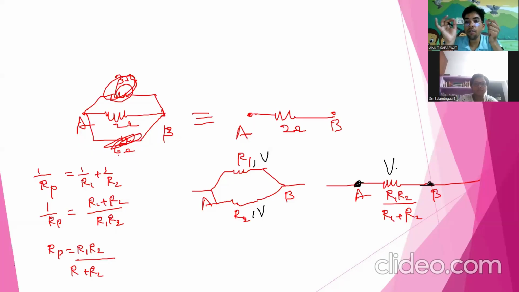Potential difference is always across the 2 points. V is the potential difference across A and B. R1 and R2 I remove, but I didn't change A and B. In between A and B junction, I just connect the equivalent resistance. It means it is having V potential.